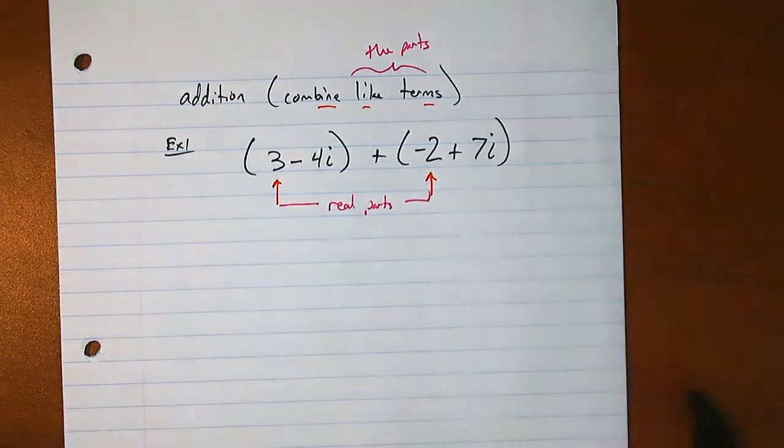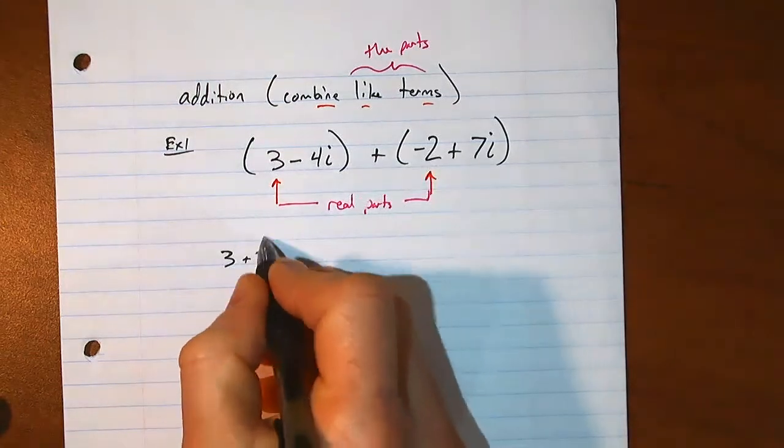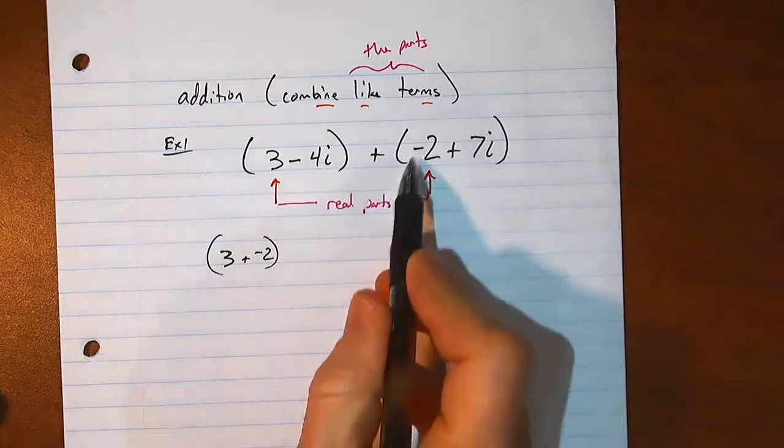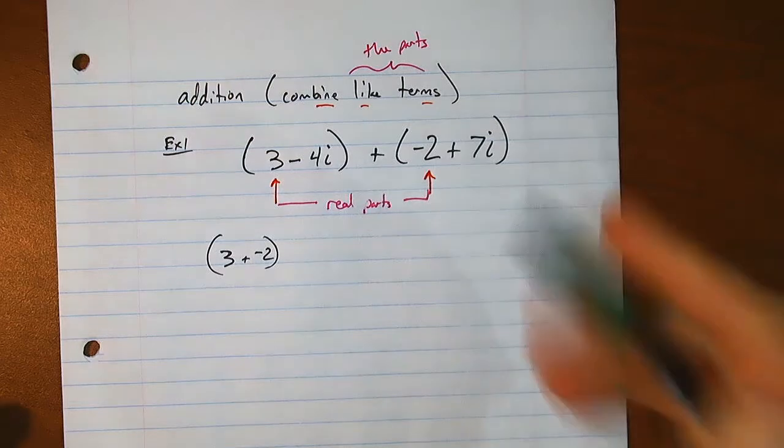They have a real part and they have an imaginary part. So the real parts are always going to be like terms. So we combine those together. So I'm going to have a 3 plus a -2, and that's going to be my first piece right here. Okay, then I'm going to combine together the imaginary parts.